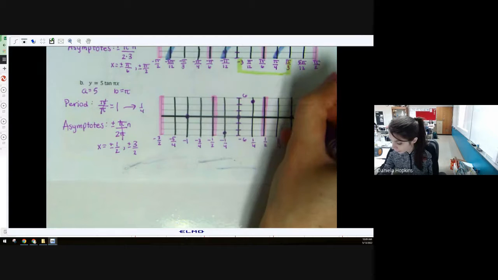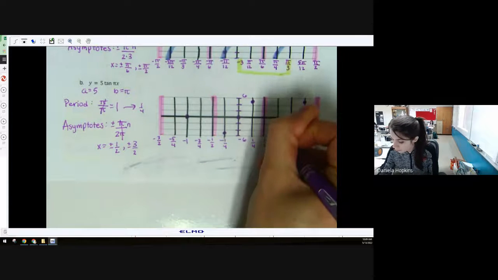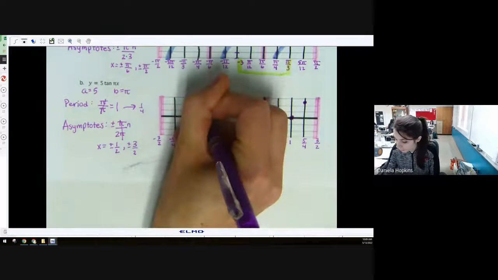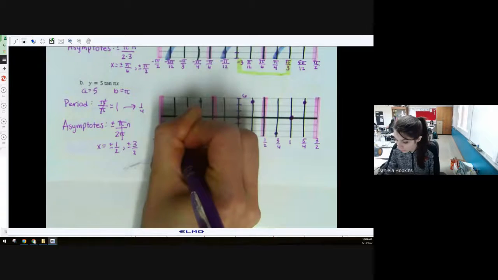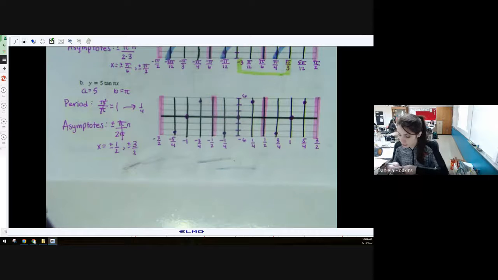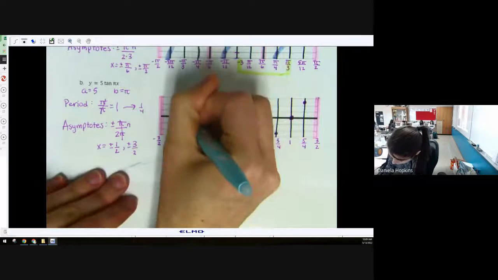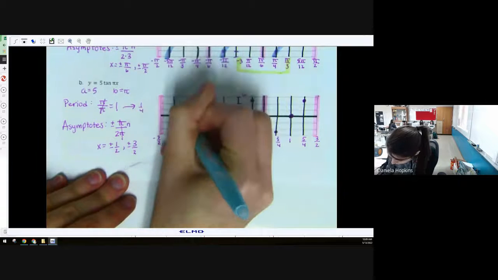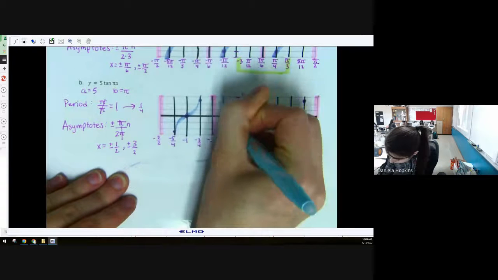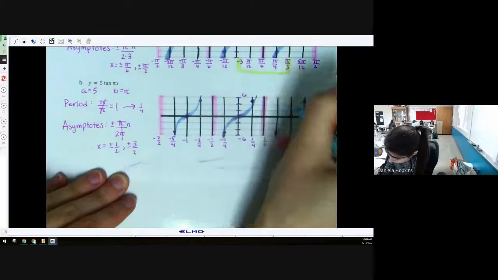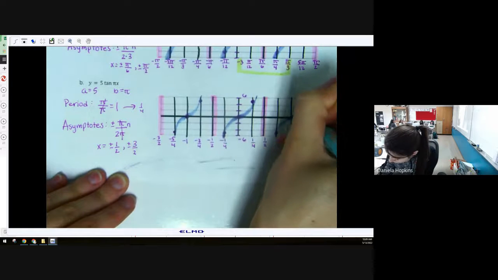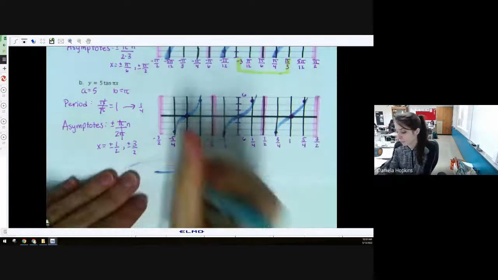Up to 5 on the right, down to -5 on the left. Again, try and make it curvy. It's not just a straight line. Yeah, my first one was better.